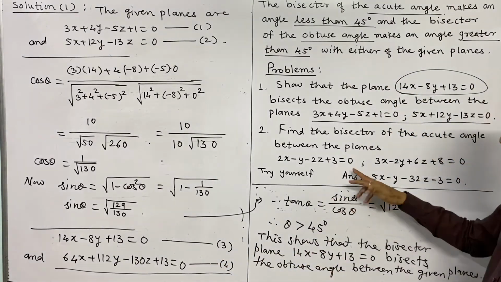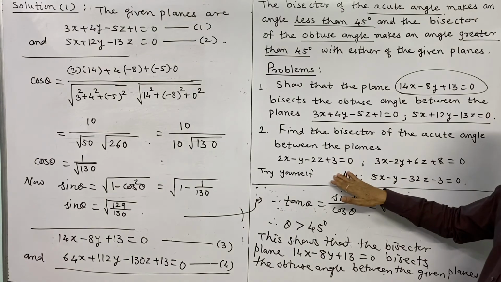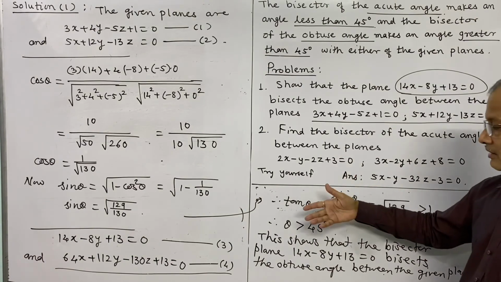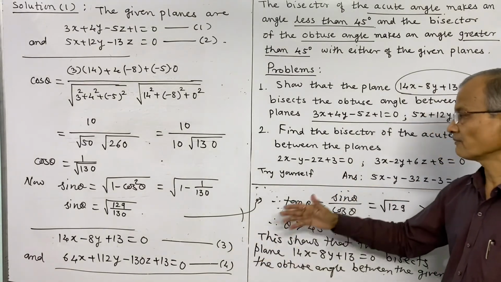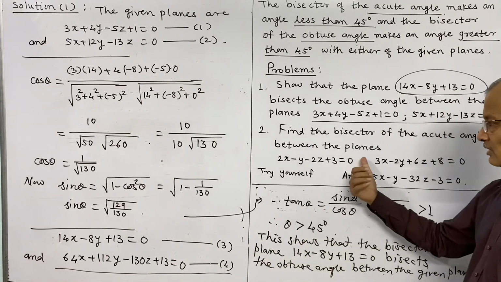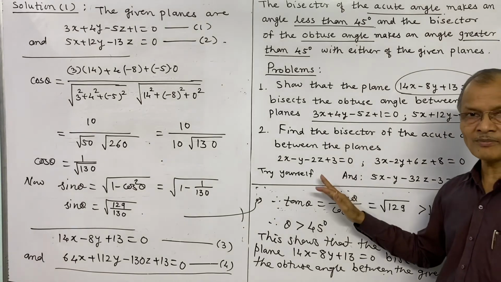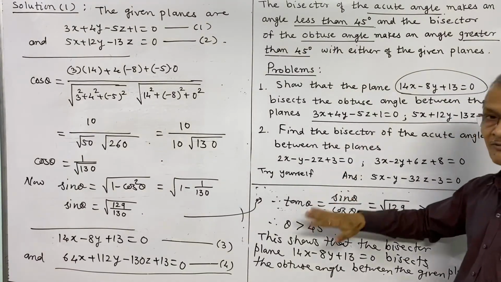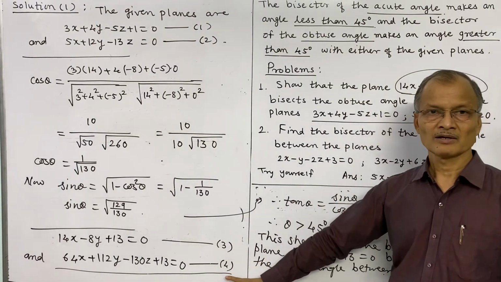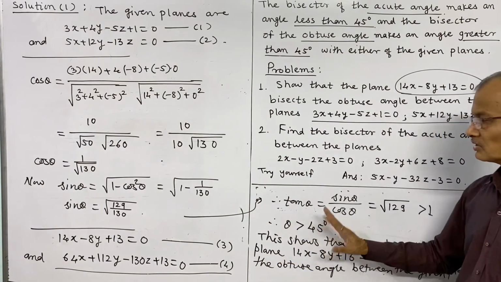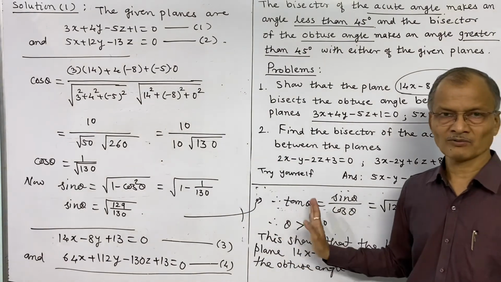Here you solve this problem in exactly the same way, and if you get the two bisector planes, and one of them, the third for this problem, bisects the acute angle, that is the answer. And if it again bisects the obtuse angle, the remaining will bisect the acute angle. So one result is sufficient to decide which bisects the acute and which bisects the obtuse angle.